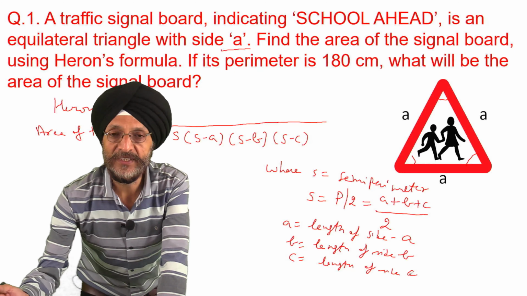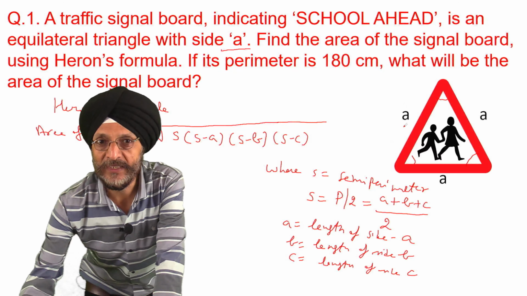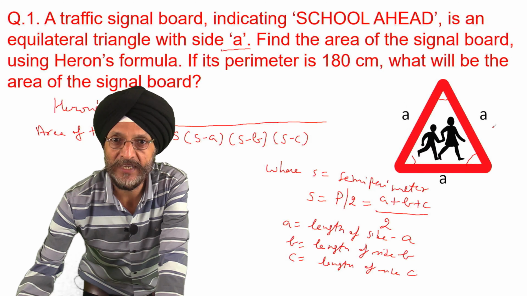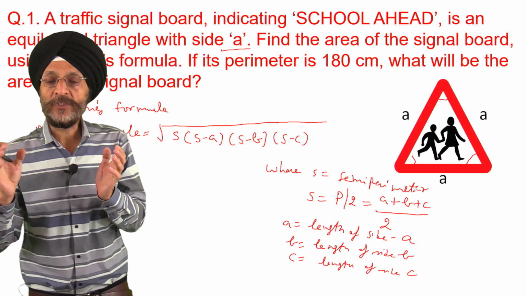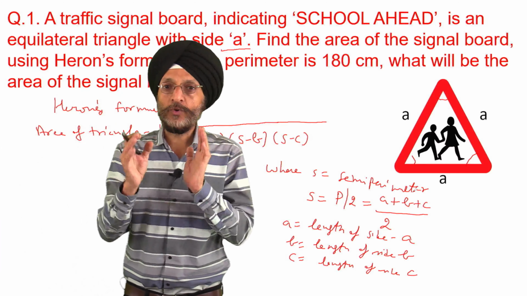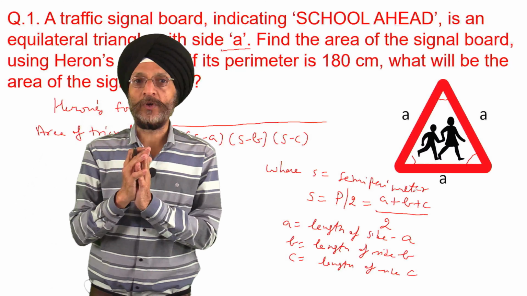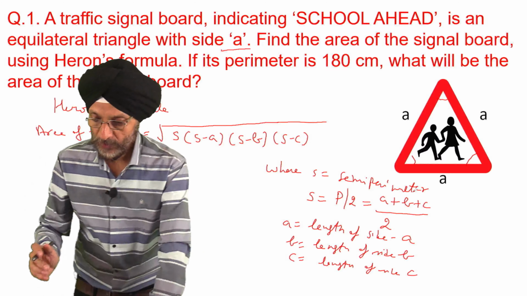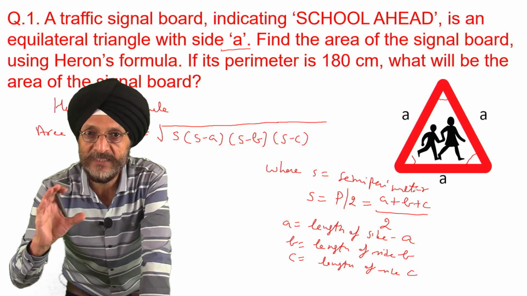Which side is a, which is b, which is c? Any side we can take as side a, any other side can be taken as b, or any other side can be taken as c. This is only for the purpose of solving the question. In this question, all the sides are equal, so there is no question of which side is to be chosen. All the sides are equal.